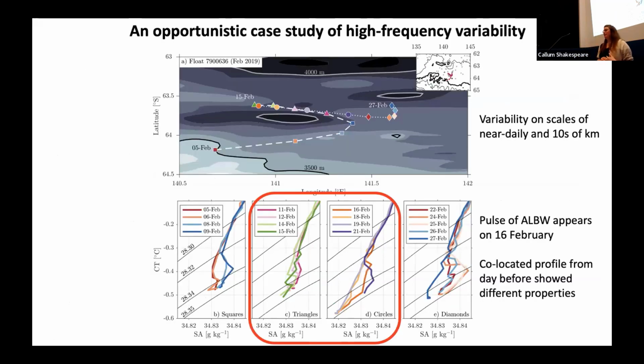And so I mentioned earlier that there was a float that was doing daily profiling for quite a while. So there's actually about a month of near daily profiles taken by this one float as we worked out how to pilot it and make sure that we understood how to communicate with it while it's out there.